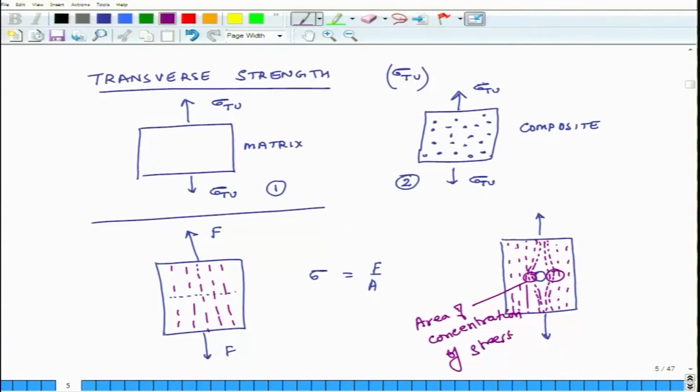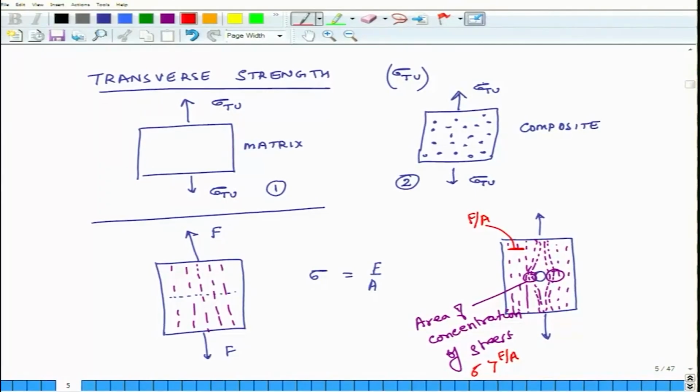Okay. So, what that means is that in the region, let us say far away, suppose in this region stress is still F over A, but in this area of concentration stress is more than F over A in the area of stress concentration.